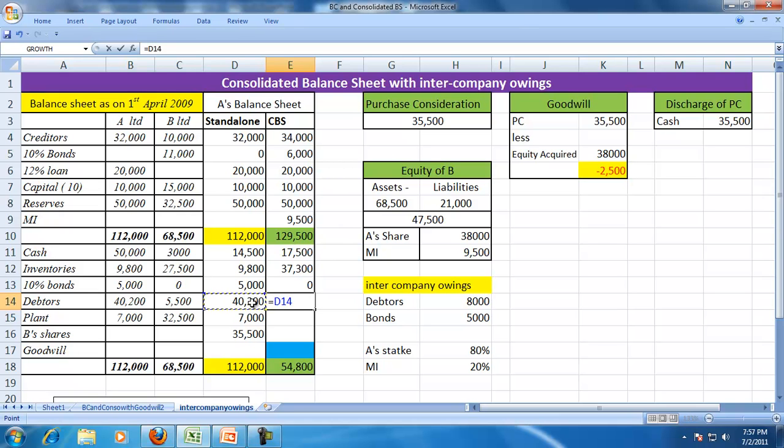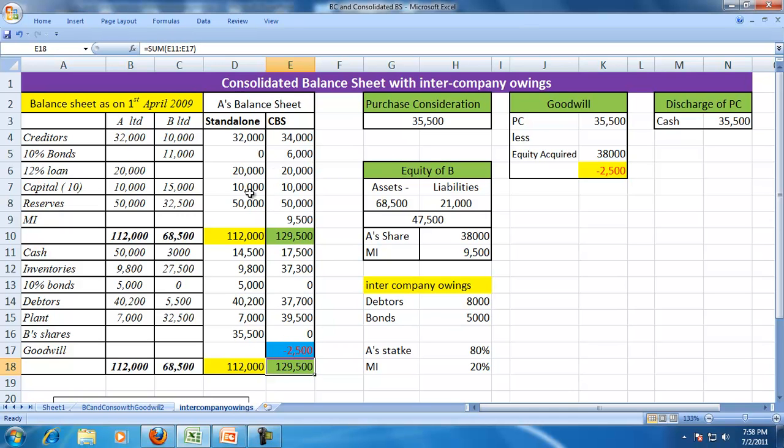The debtors will be 40,000 plus 5,500 minus 8,000, and there is no change in the plant. B's shares will not appear, and goodwill will be 2,500, and that's the balance sheet.